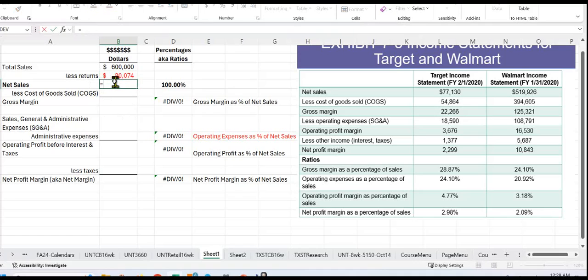So that means less returns is $519,926 in net sales. Okay, so there we go so far. Now this is a number that's given to us, so I have to plug that in.